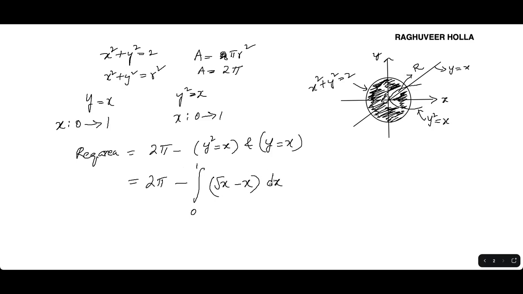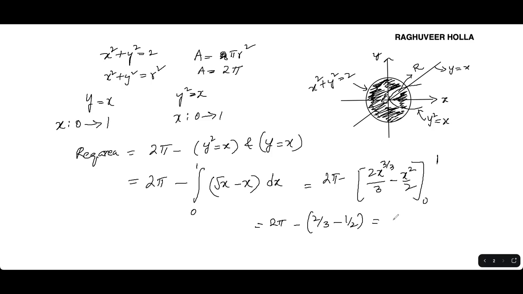So when we simplify, 2 pi minus 2x to the power 3 by 2 by 3 minus x square by 2, from 0 to 1. So this is 2 pi minus 2 by 3 minus 1 by 2, which after simplifying is 2 pi minus 1 by 6. So this is the required area.